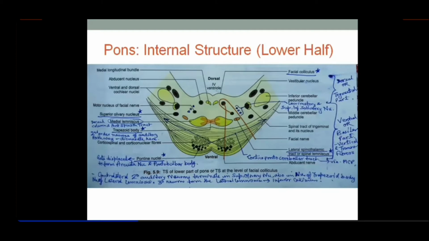A few of these pontine nuclei scatter away separately and form the pontobulbar body. So because of this developmental spread, apart from the pontine nuclei, they form the arcuate nucleus in the upper medulla, as well as the pontobulbar body, which is adjacent to the pons on the two sides.